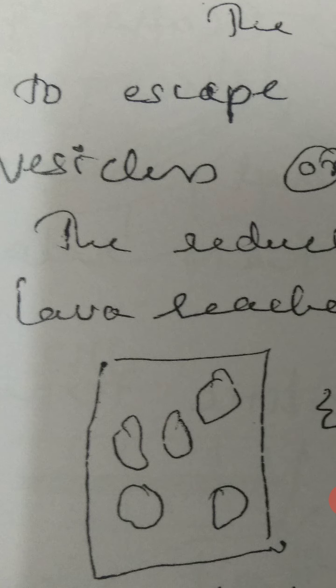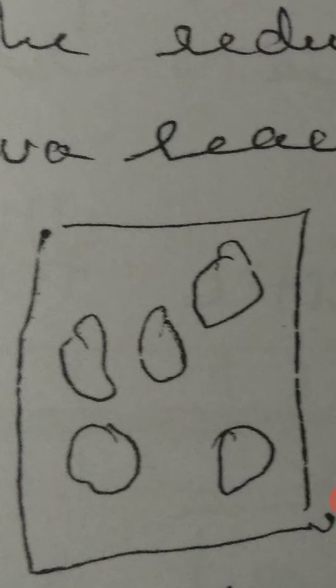Then the cavities form within the rocks. The reduction in pressure takes place when the lava reaches the surface of the earth. You can see these types of holes in basalts.